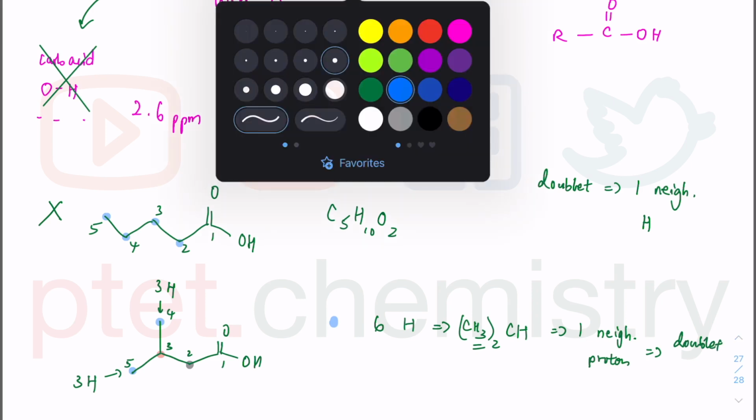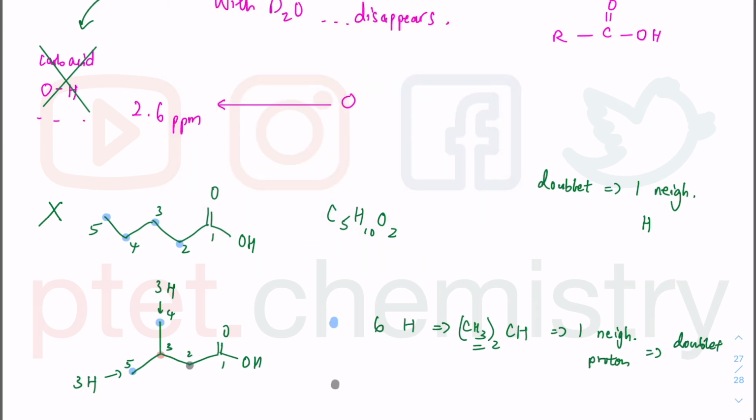Whereas the black one has just got 2 hydrogen, and is a CH2 next to a CO2H. When you are here you don't have any proton there, but you have 1 proton on the other side, so you also have 1 neighboring proton, and you will also be a doublet, but your intensity is lower because you only have 2 protons.